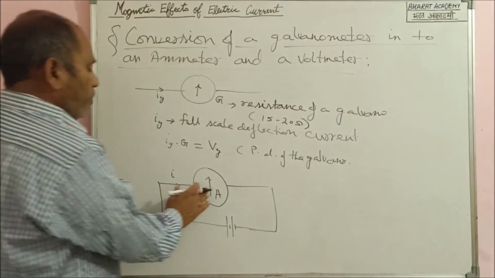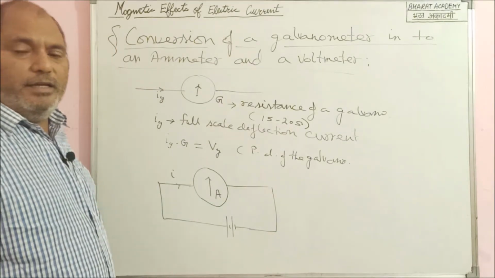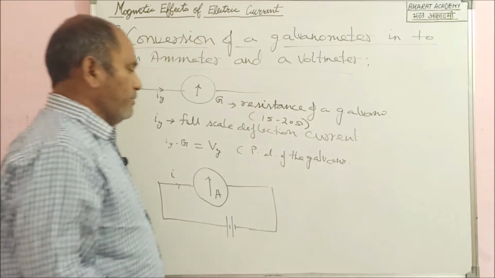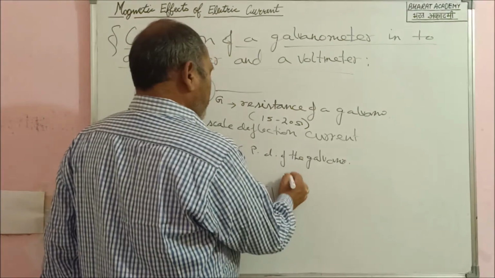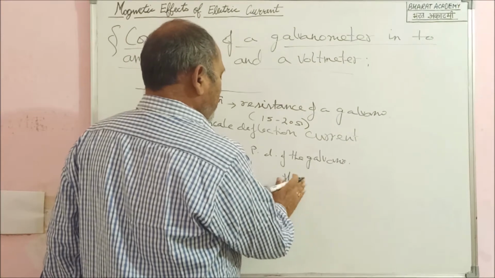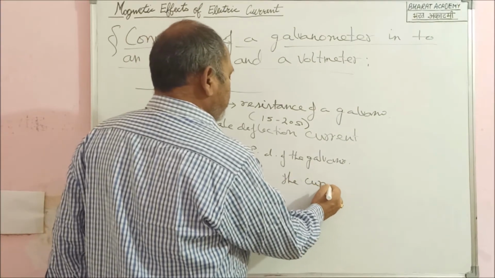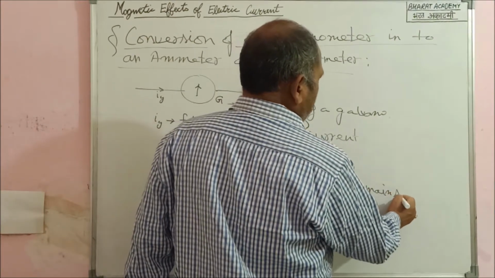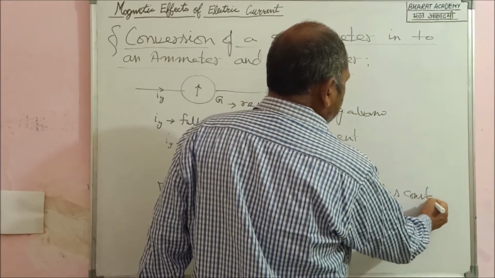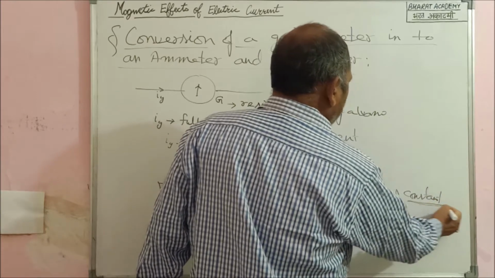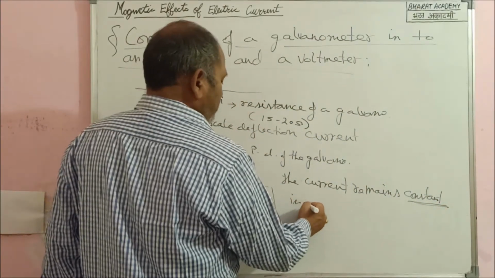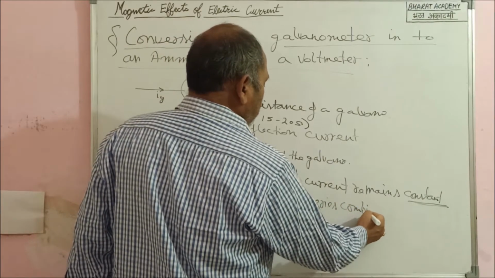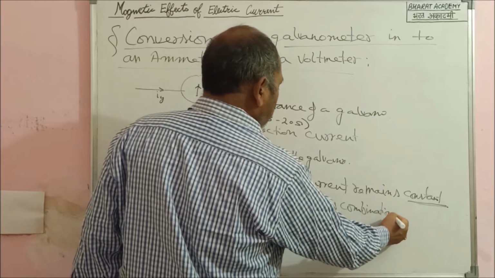First thing is how to apply an ammeter in an electric circuit. In combination systems, we did talk about that, the current remains constant in series combination only.